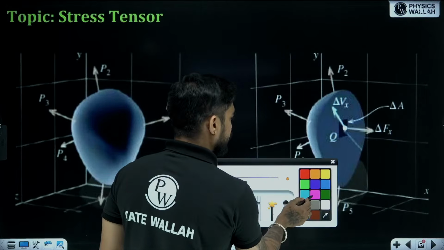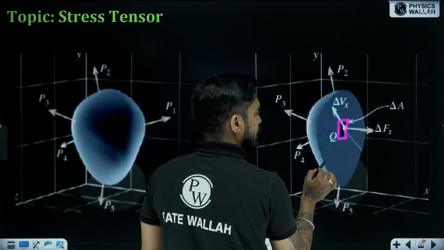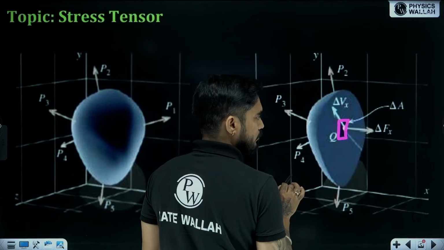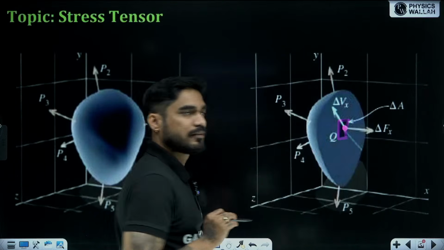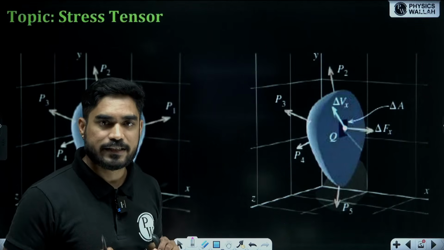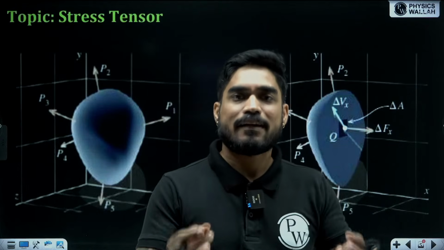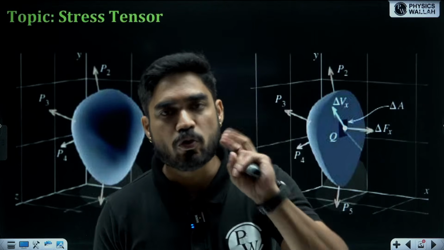You can see you have cut this body using this plane. There is a point on this plane, and at this point you are going to get a lot of internal forces.